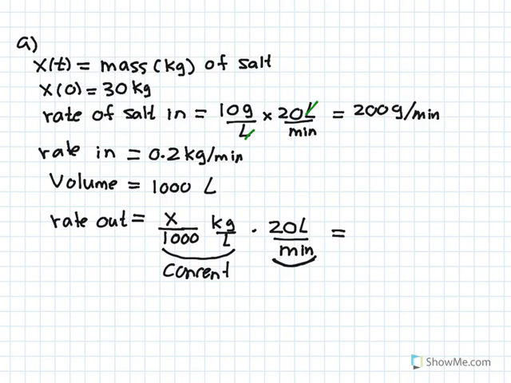So this is equal to 0.02x kilograms of salt that exits the tank every minute. So the rate out is the concentration of salt at time t multiplied by the amount of solution that's leaving the tank.